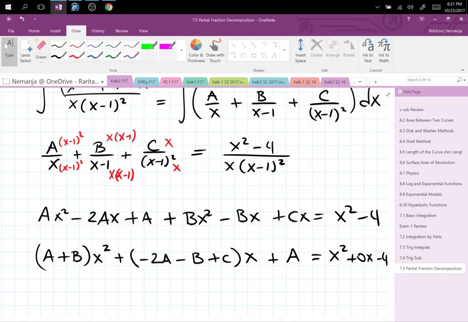So we have coefficient of x squared, coefficient of x, and finally the constant term.